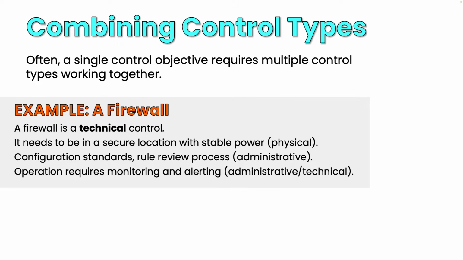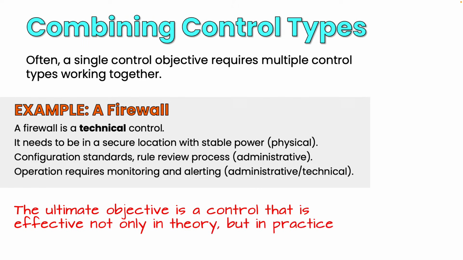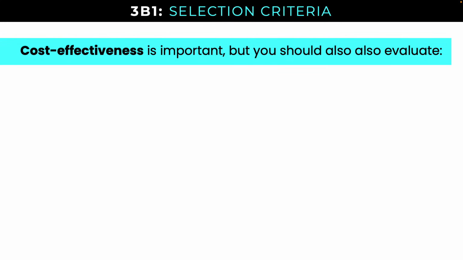And the operation requires monitoring and alerting. That's going to be technical and administrative. So there's a mix of control types coming together here. The ultimate objective is a control that is effective not only in theory, but in practice, in the real world. The most effective security control in theory, if it's simply something everyone works around because it's so complex, it's not an effective control.